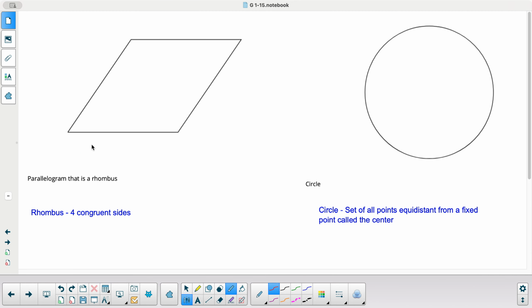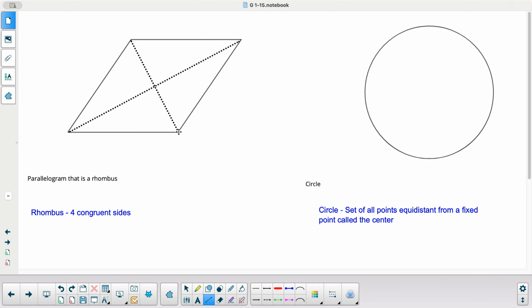A parallelogram that is a rhombus. Now this one's going to have 2. It's going to be the diagonals. Okay, and if you look there, you can see that they look perpendicular. So this is going to be equidistant. If this is A, A prime would go over here because they're the same distance and they're perpendicular.